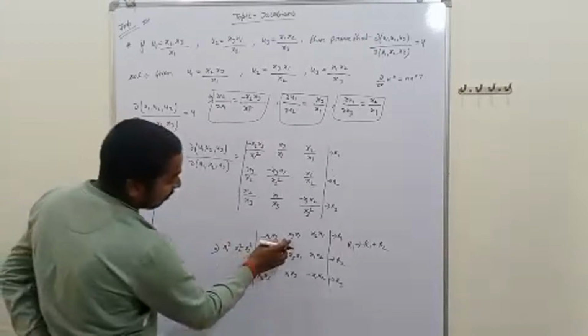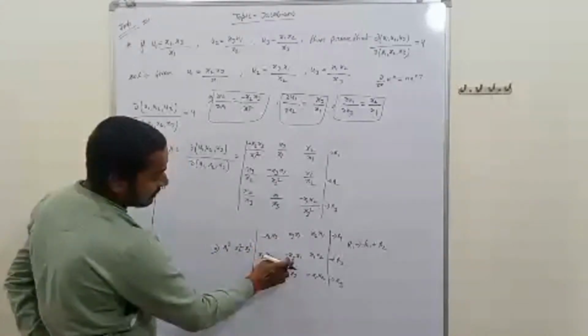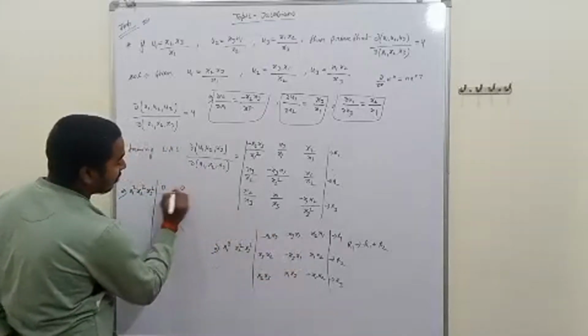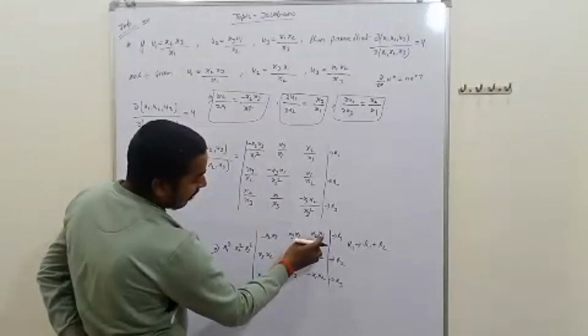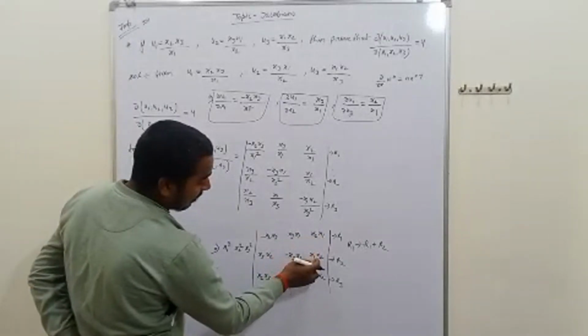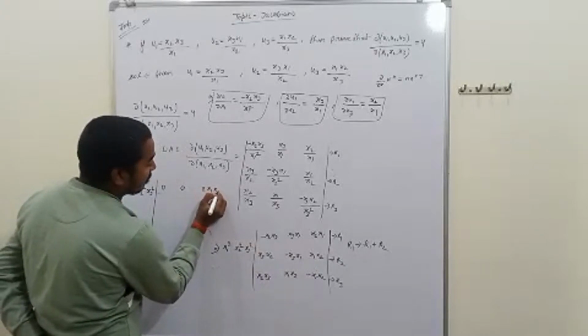And further we have to add x3 into x1 and minus of x3 into x1, this is also 0. And from here, x2 x1 and x2 x1, that is 2 times x1 x2.